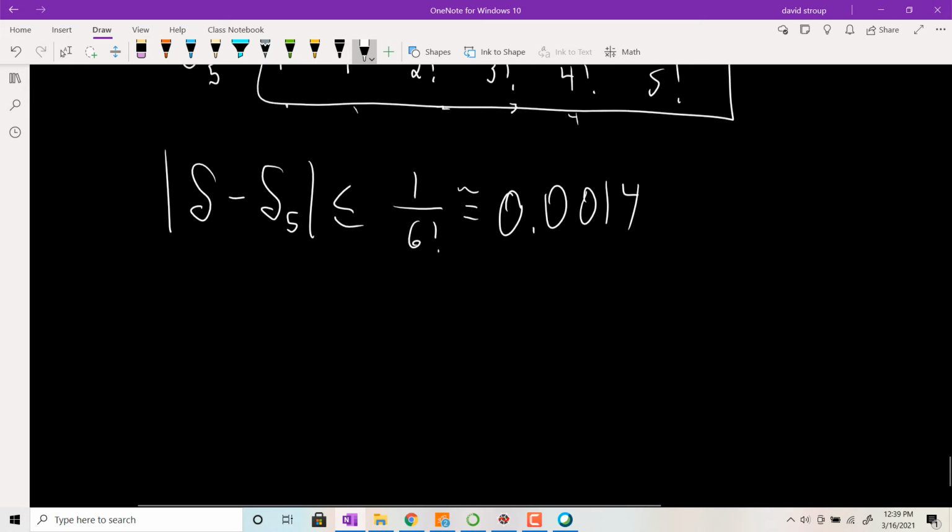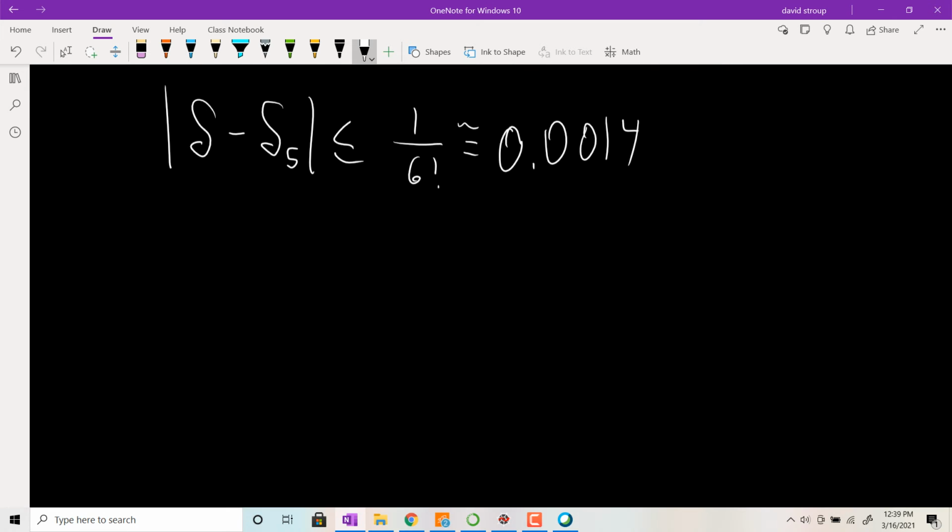Okay, so those are your 2 types of problems. Let's look at one of each, and then there's still another issue with regards to absolute and conditional convergence.